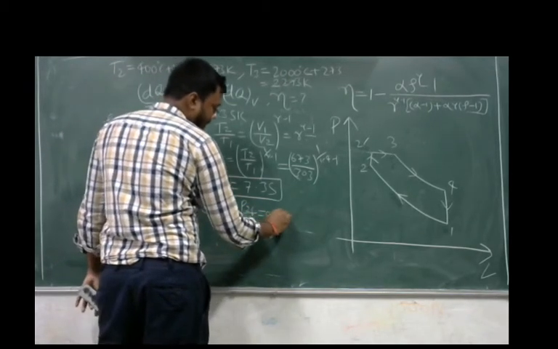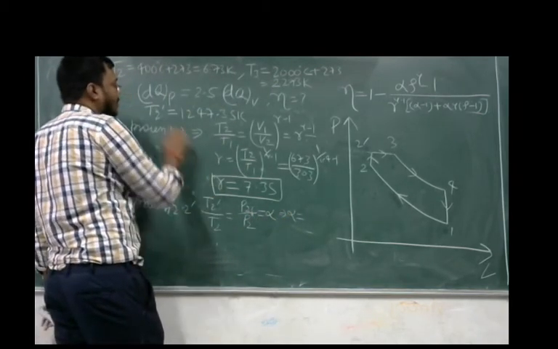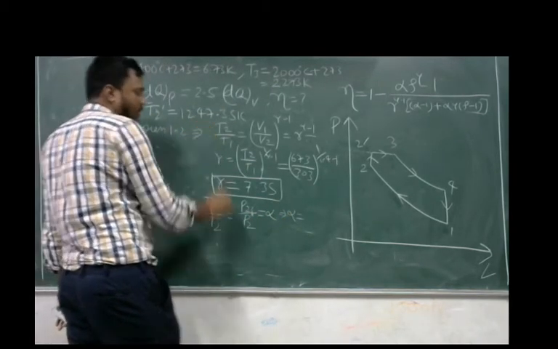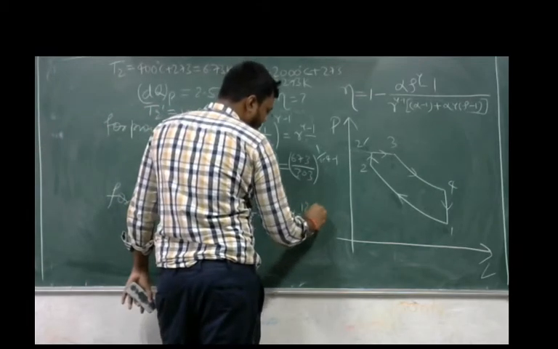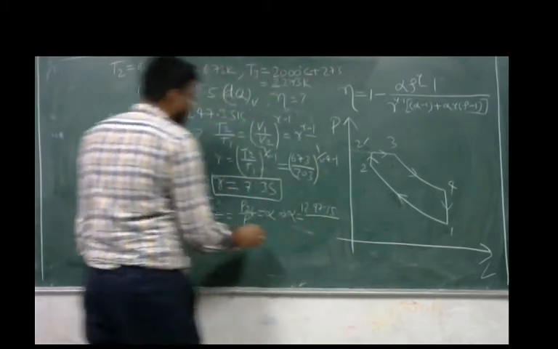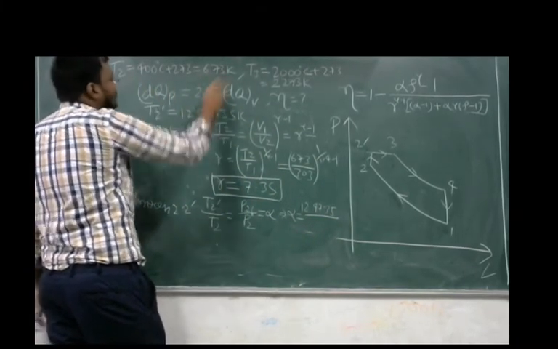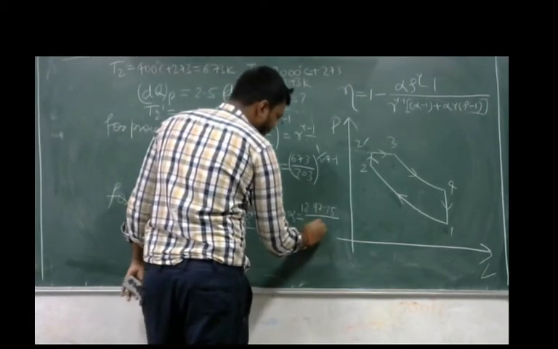So alpha is equal to T2 dash, which we just calculated as 1247.35, divided by T2, which is 673 Kelvin.